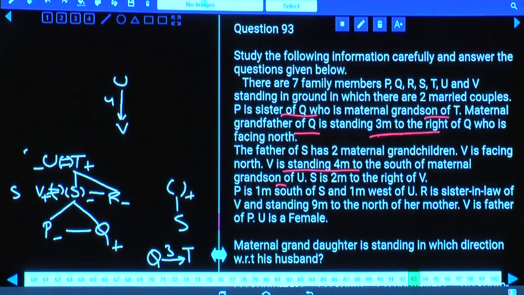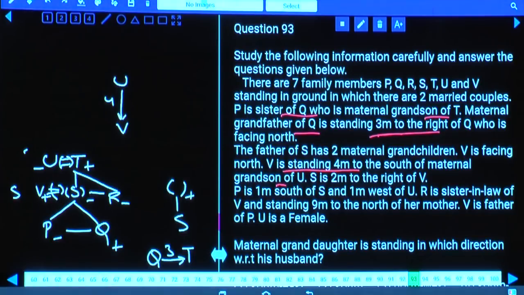The maternal grandson of U is Q. Isn't it? Then the father of S has two maternal grandchildren. V is facing north.